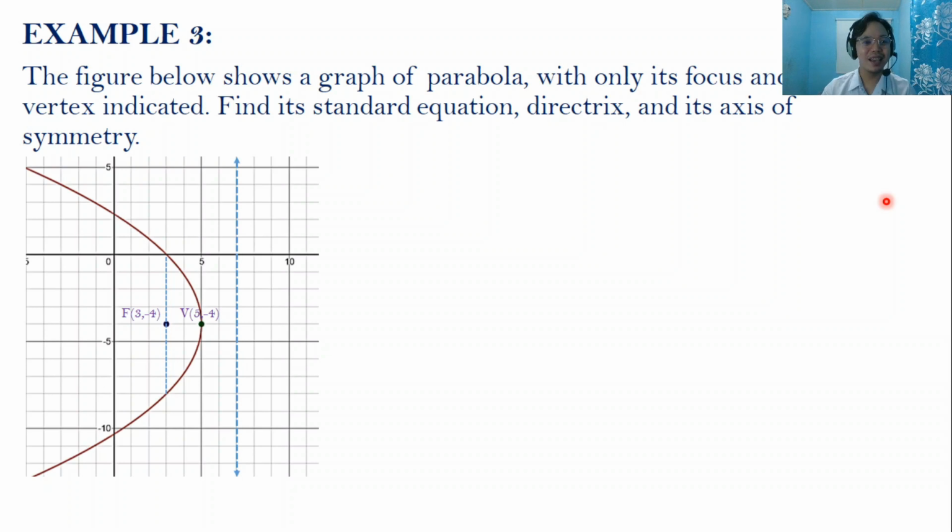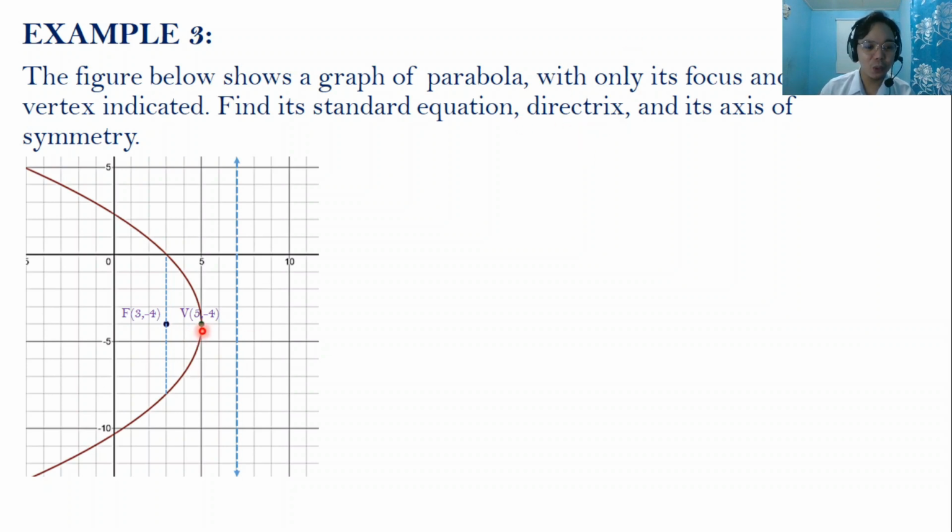Example number 3. The figure below shows a graph of a parabola with only its focus and vertex indicated. Find its standard equation, directrix, and its axis of symmetry. So sa figure nating ito ay makikita natin ng malinaw na ang vertex ay nasa 5, negative 4 at ang focus natin ay nasa 3, negative 4. Dito pa lamang mabilis nating malalaman what will be the equation of our directrix.